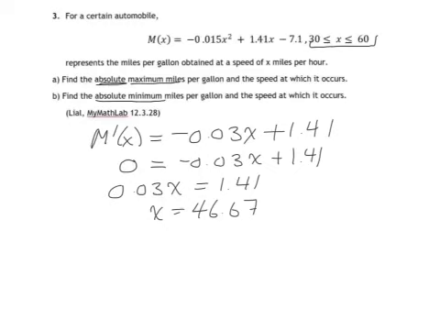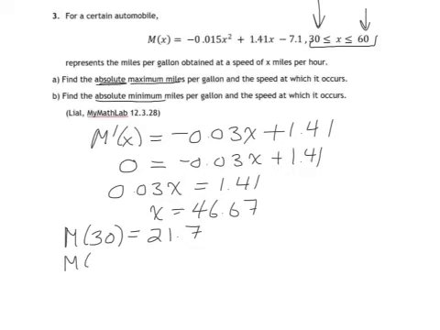So now we're going to evaluate that M of x function at the critical points and the end points. Remember, we're looking for an absolute max or min, so we need to consider 30 and 60. So when you evaluate the mileage function at 30 miles per hour, we find that you get mileage of 21.7 miles per gallon.